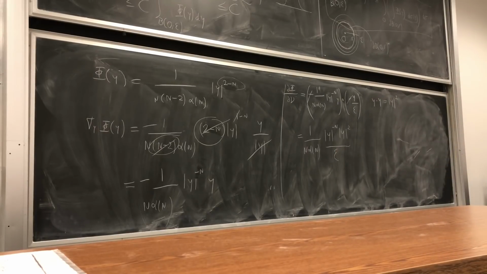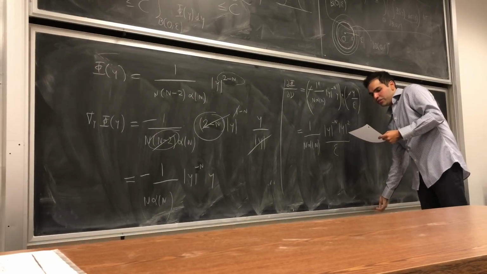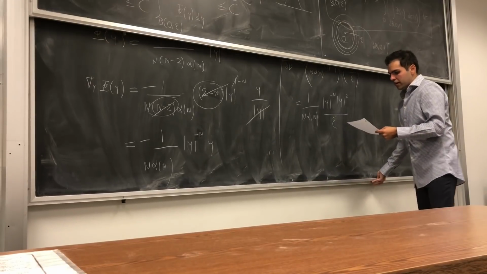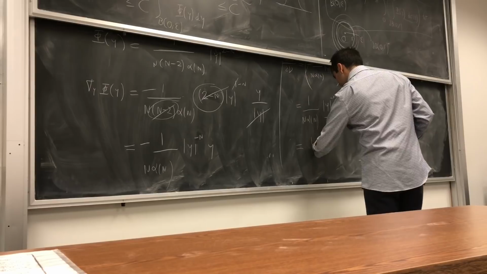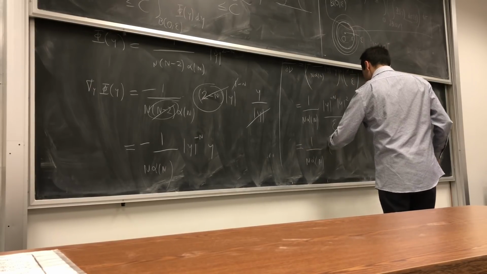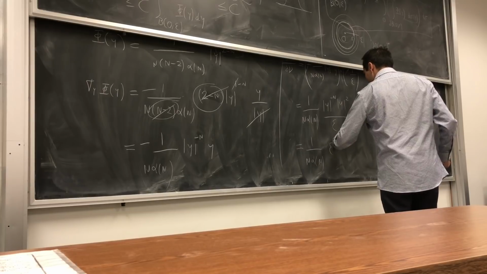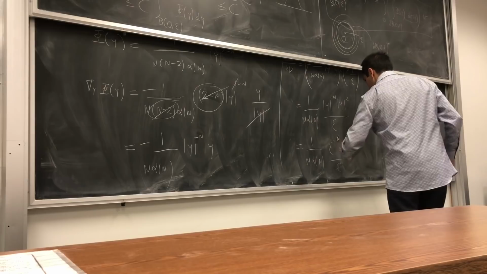And now remember that on the sphere of radius epsilon, we get absolute value of y equals epsilon. So it's 1 over n alpha n, epsilon to the minus n, epsilon squared over epsilon.